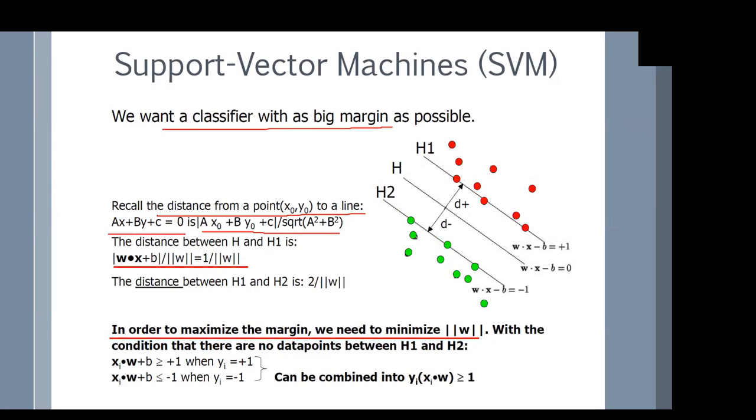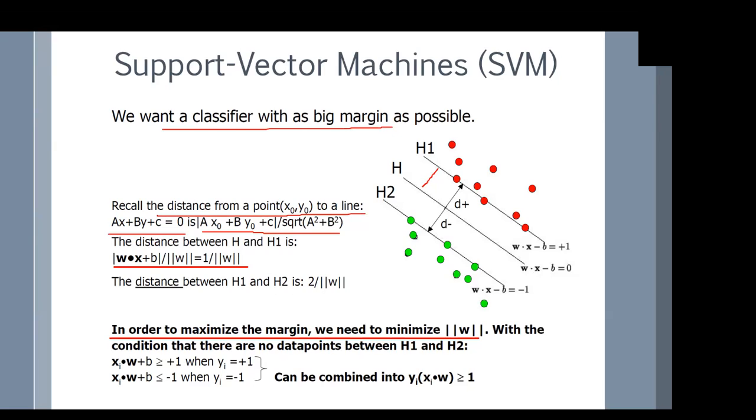Therefore, I can rewrite my problem as searching for the distance between h and h1, here d plus, because I believe that d plus and d minus are the same. It is the absolute value of the scalar product of w and x plus b, divided by the norm of the vector w, which should be equal to 1 over the norm of the vector w.